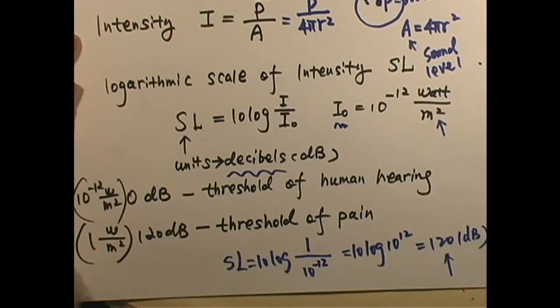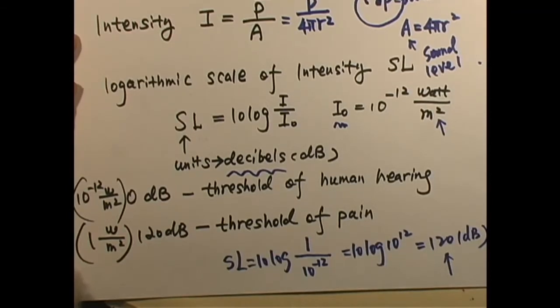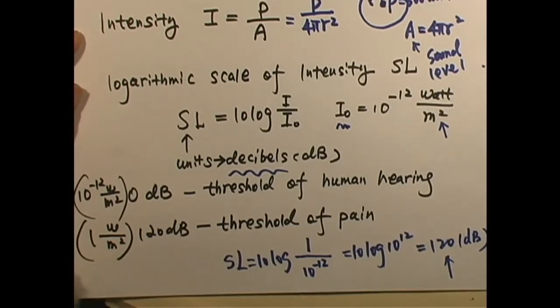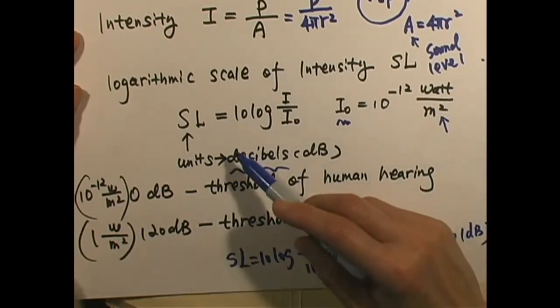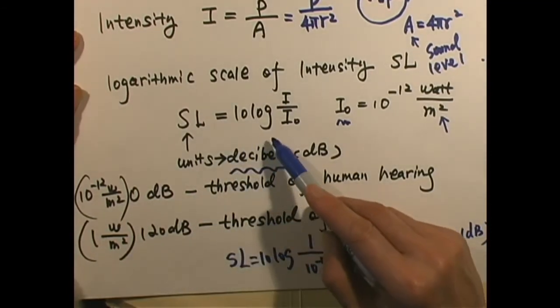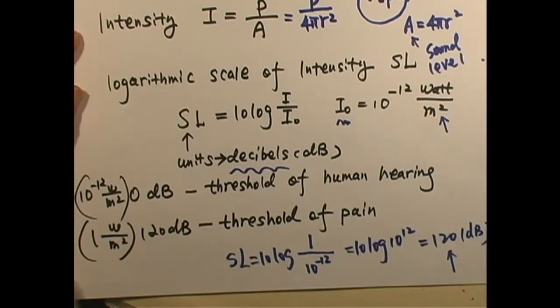And a machine gun is 130 decibels, and a rock concert is 120 decibels, and a subway is 100 decibels. Busy traffic is 80 decibels. But it is very interesting that a mosquito buzzing, which we consider very faint, still has 40 decibels. This is because of the definition of this logarithmic scale; it is not linear.